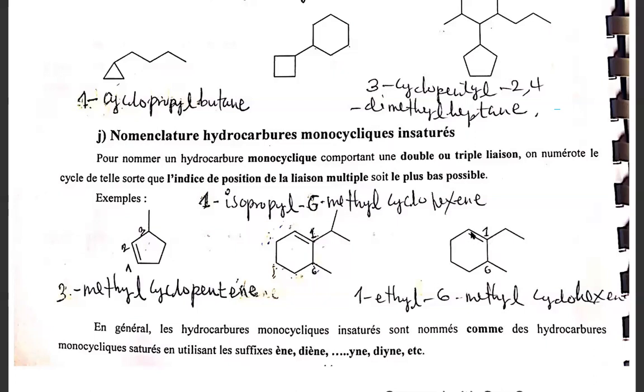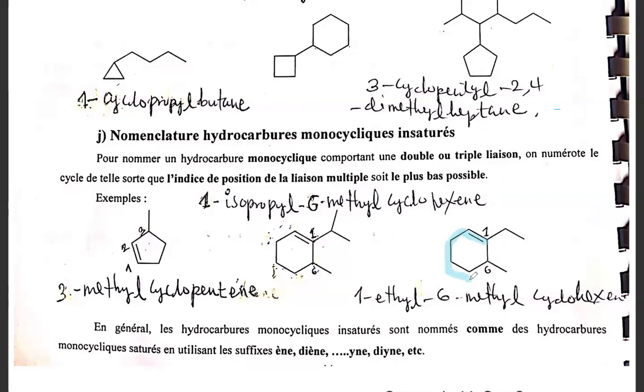That is for the two carbon atoms involved in the double liaison. And we are also supposed to take into consideration that the substituent also has the lowest index possible. Now, the only direction that can satisfy this condition is this direction here, like that.